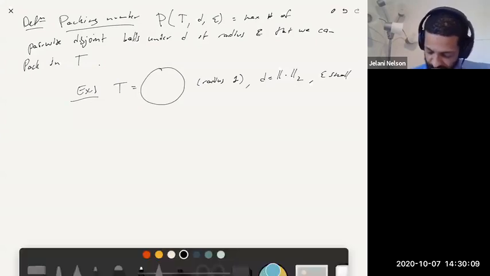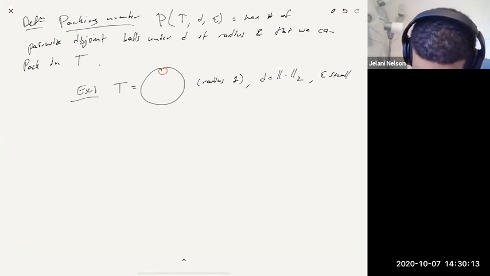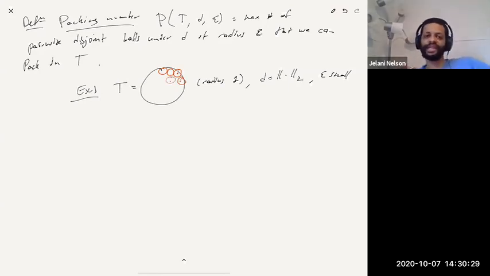What we're asking here is what's the most number of small circles you can pack into the big circle, such that they're disjoint. And the centers have to be inside the black circle, but the small circles might go out of it as long as the centers are inside. Okay, does that make sense? This is the packing number.